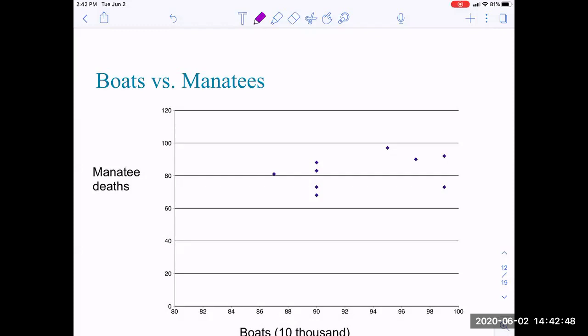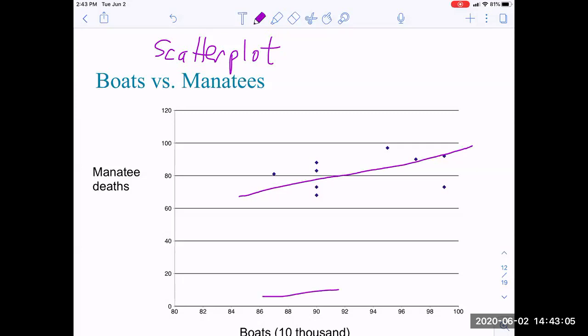And this would be called a scatter plot, which unfortunately we don't have that time to do in this course, especially in the summer. And if we put a line of best fit in here, it looks like as the boats increase, the manatee deaths increase. So it appears to be a correlation here.